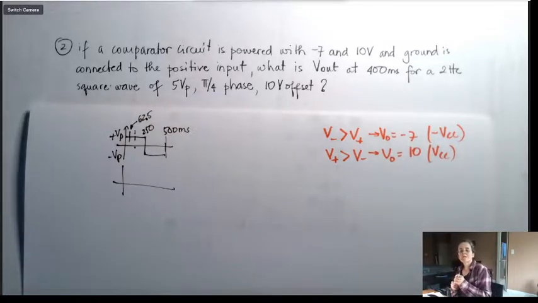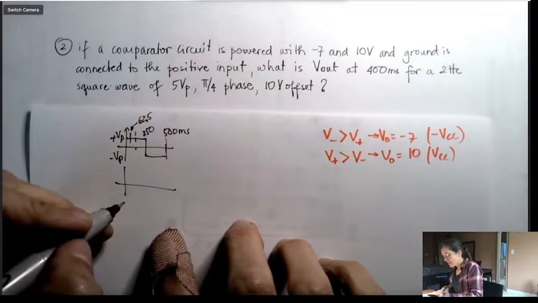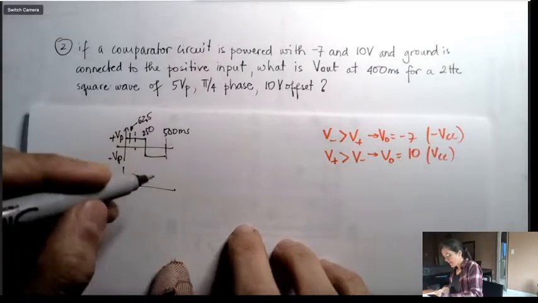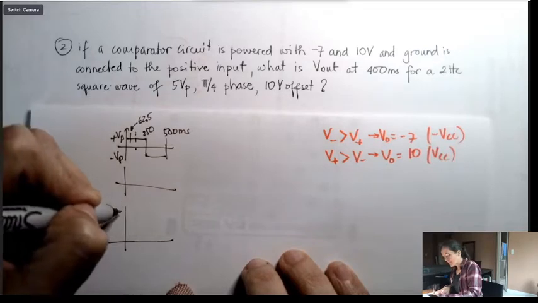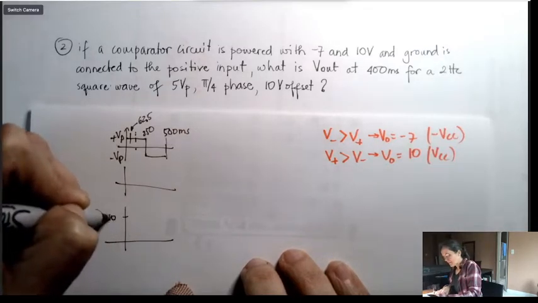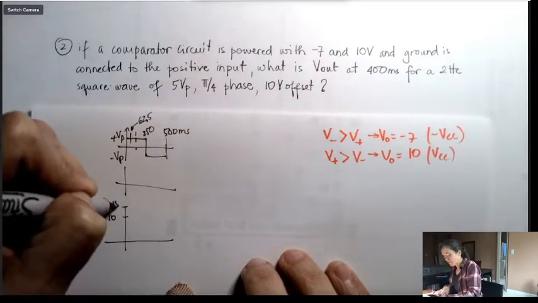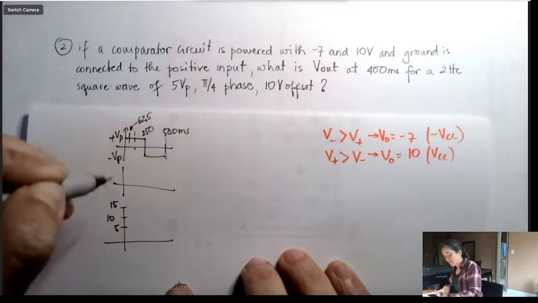But now look, it's a 5 volts peak and it has a 10 volt offset, which means really the square wave will only go from, it's around 10. It will go from 15 to 5.